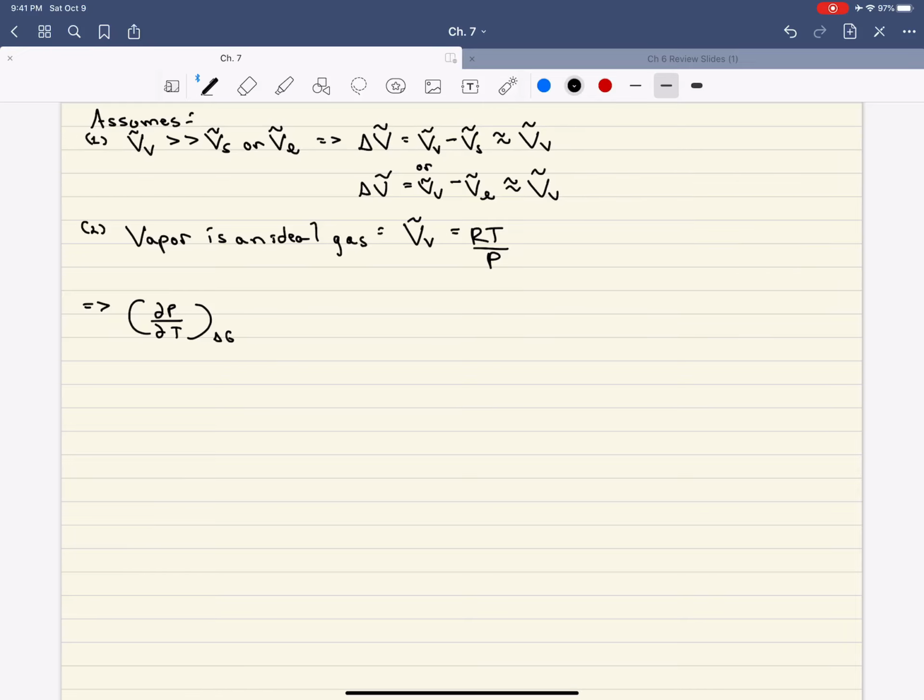The slope dP/dT at constant delta G is equal to delta S of the liquid to vapor phase over delta V of the liquid to vapor phase.